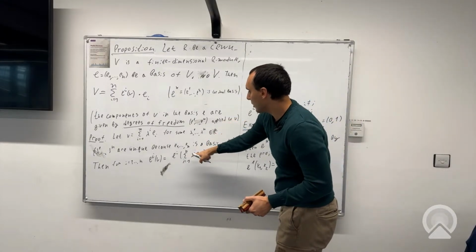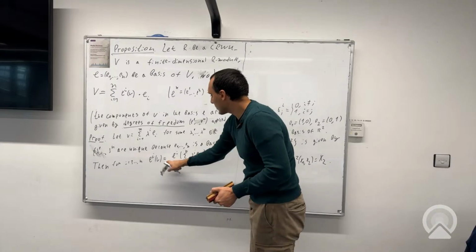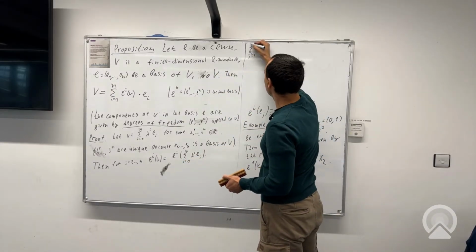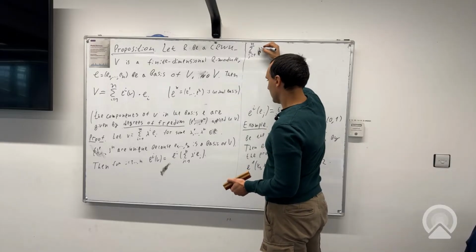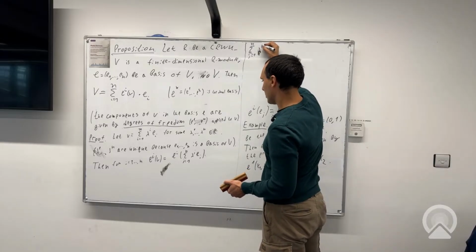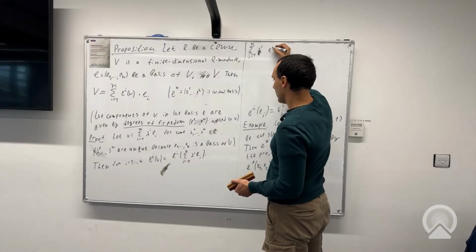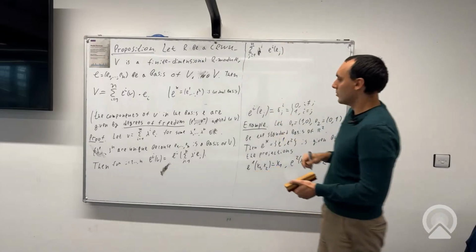Because this is linear, we can put this on that side. So this is the sum over j from 1 to n of lambda^j times E^i(E_j).